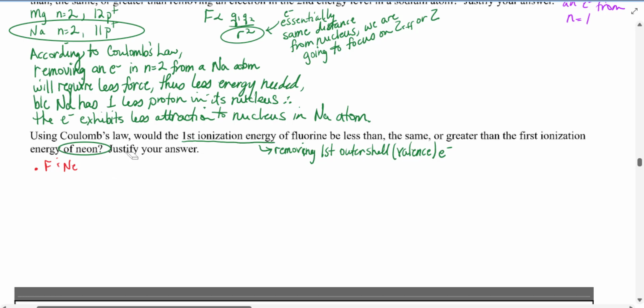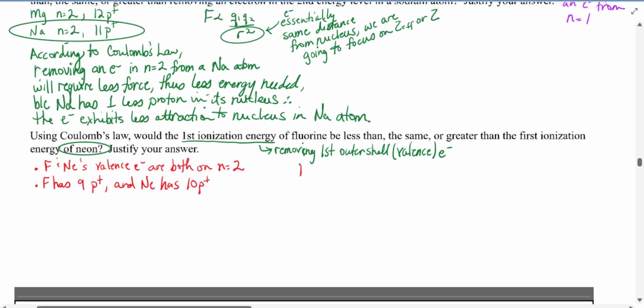Fluorine and neon's valence electrons are both on energy level 2. Okay. Fluorine has 9 protons and neon has 10 protons.